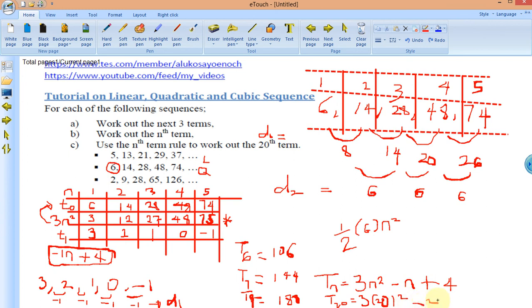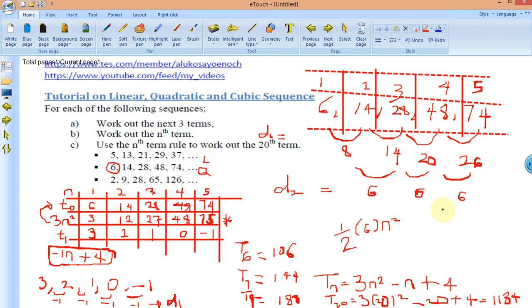I don't know why I'm taking my time to write this, guys, but I need to be very fast because of time. Let me just plug that into the calculator too. I'll just replace it with 20. So 3 into 20 squared minus 20 plus 4, and that gives me 1184. Okay, guys, thank God.